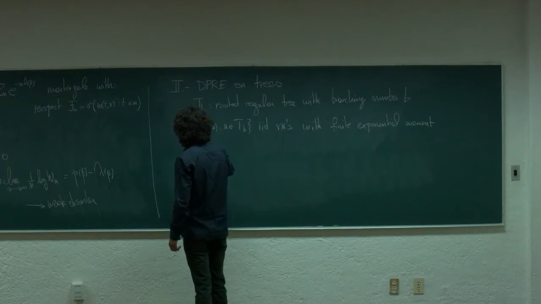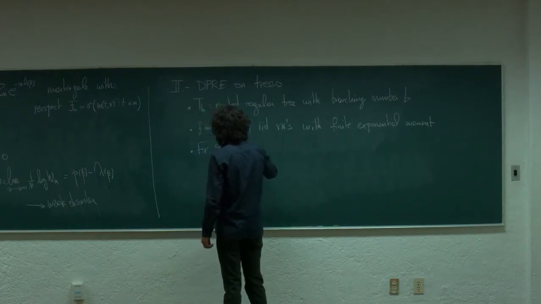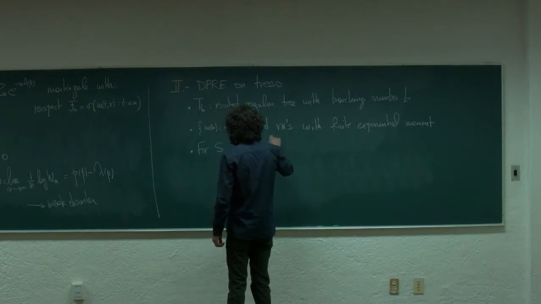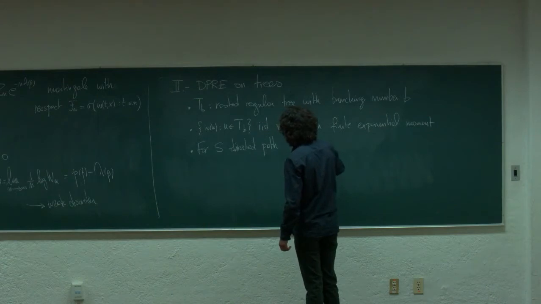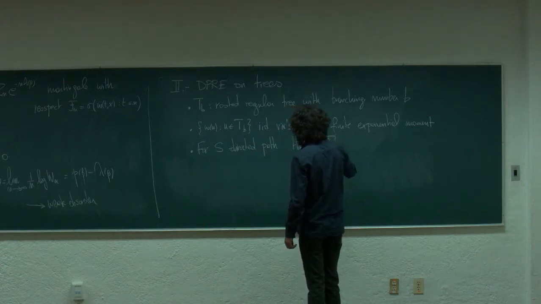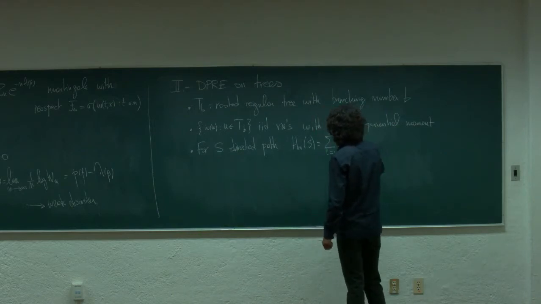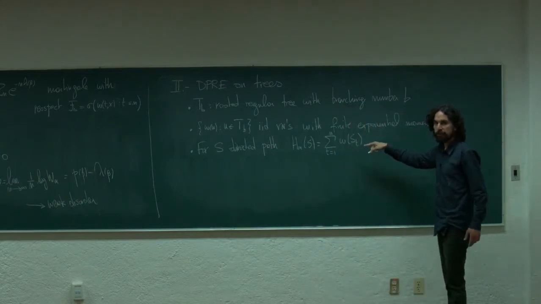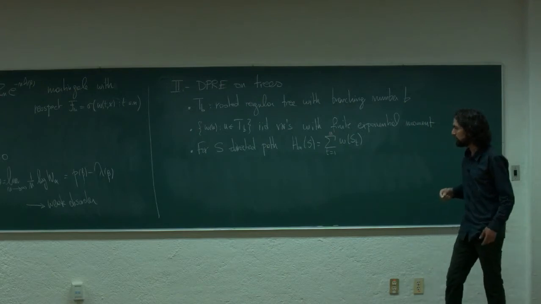So for S directed paths, you again define the energy of a path as the sum of all the environment random variables along its trajectory. So now it's simply indexed by the size of the tree, so there is no other dependence on t there. It's still directed.